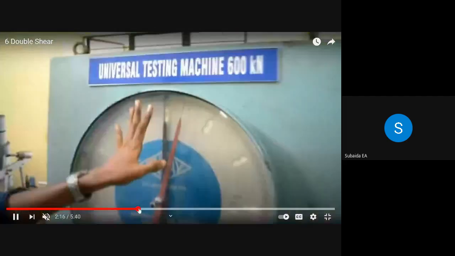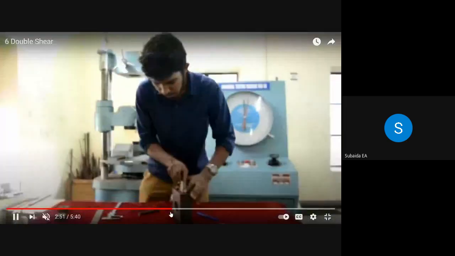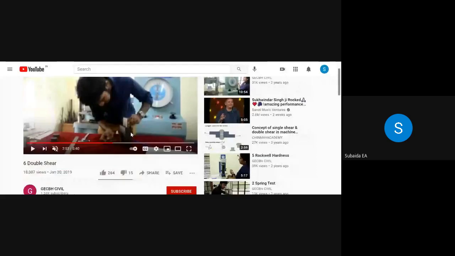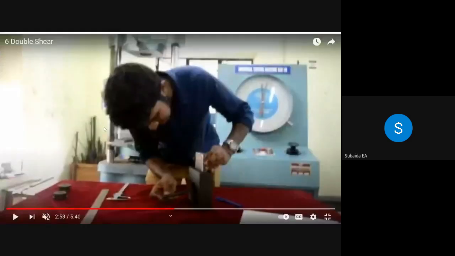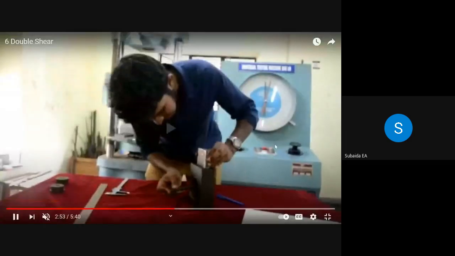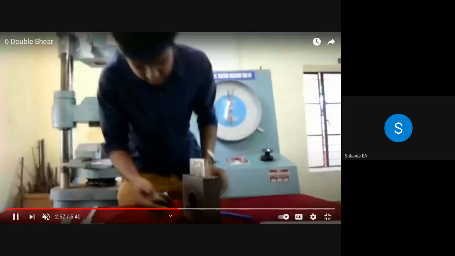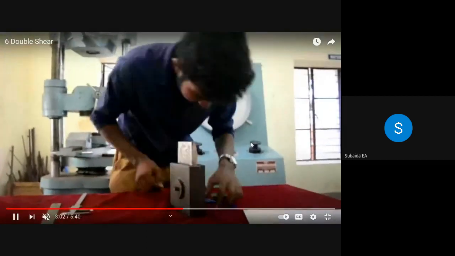Once again, you can see how the specimen is kept in it. This device is the same as that we are using.